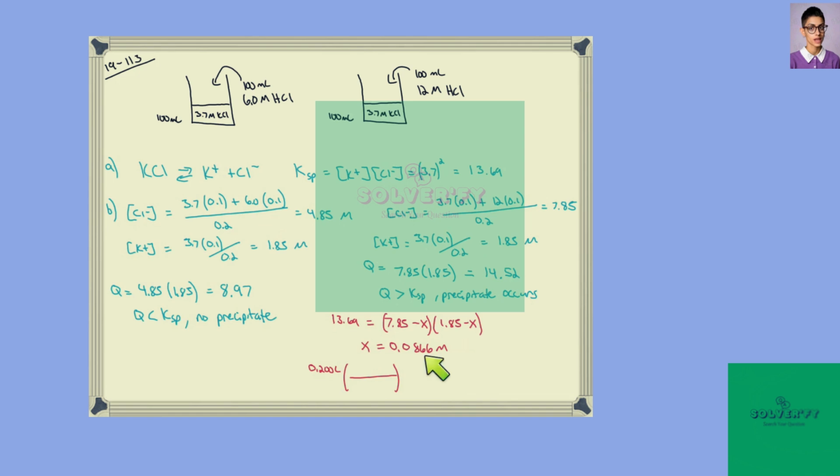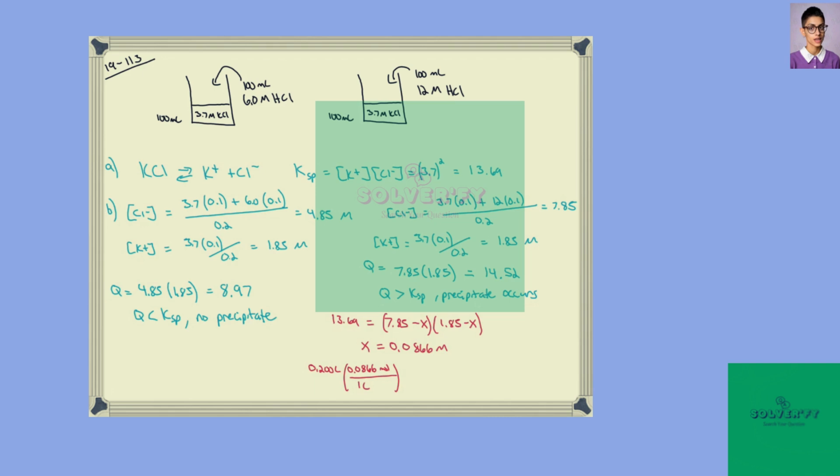So that needs to be the decrease in the molarity of both of them, and that then will correspond to, if we know the volume of the solution, the moles of potassium chloride solid that will form. We do know the volume of the solution. It's 0.2 liters. So if we take 0.2 liters multiplied by the molarity, volume times molarity always gives us moles.